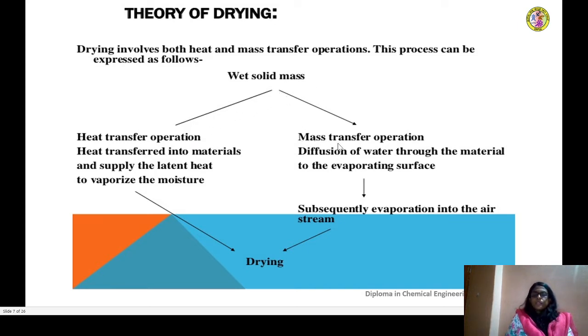And that is what is taking place as a second process, that is mass is transferred as the diffusion of water through the material to the evaporating surface takes place. So subsequently evaporation into the air also takes place after the moisture reaches the surface of the solid. So this is what is known as drying.